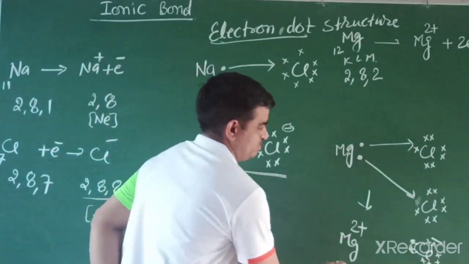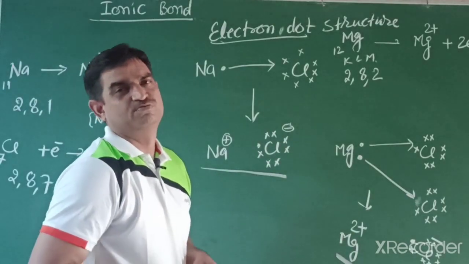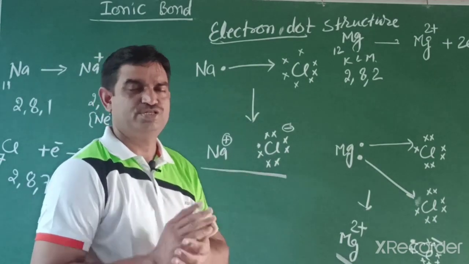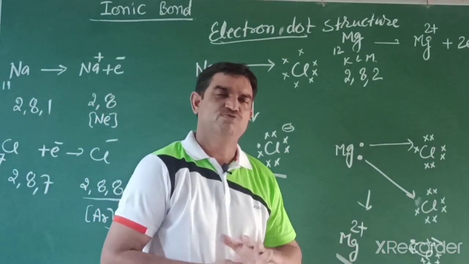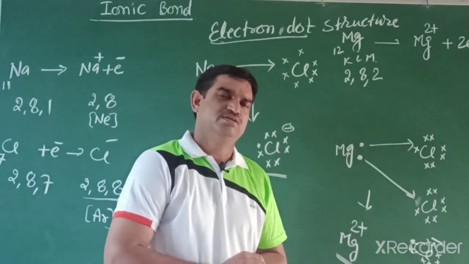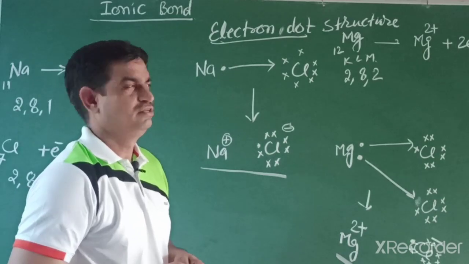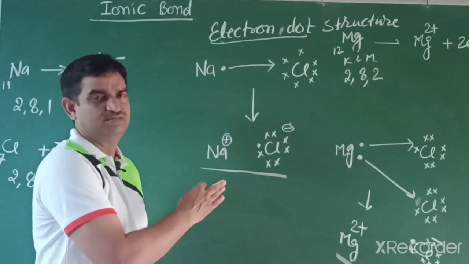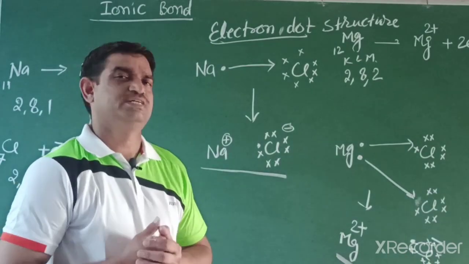So in this way, between magnesium and chloride, they have positive and negative charge, and a strong force of attraction. This is not a single molecule. Millions of molecules attract each other and form a crystal, and they have a very strong force, converting into a solid state. So students, the metal and non-metal react in this way, by loss and gain of electrons, give and take.